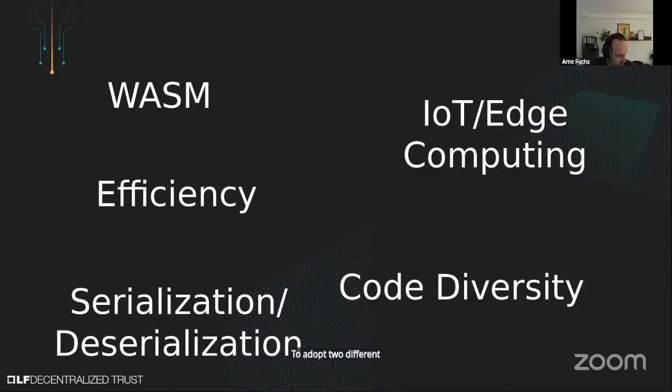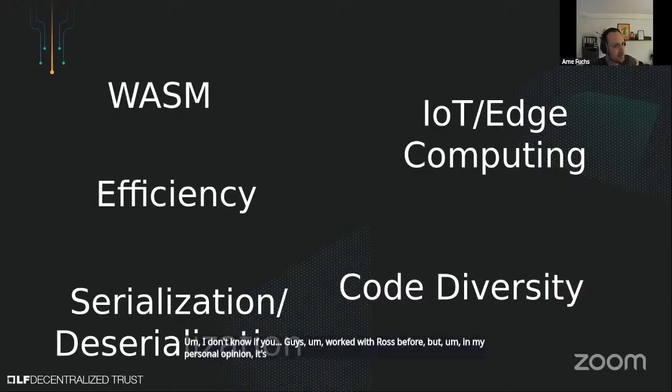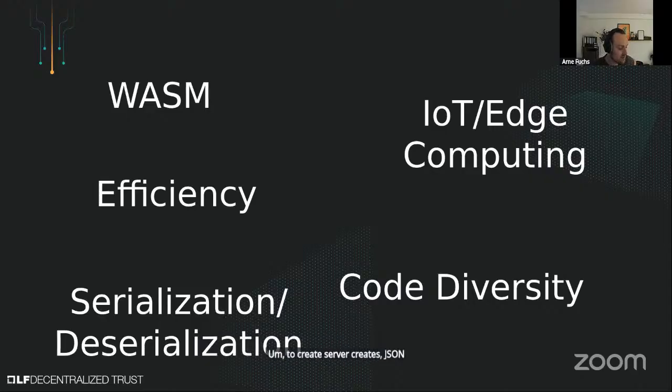And one personal big thing I really like, especially about Rust, is the serialization and deserialization. I don't know if you guys worked with Rust before, but in my personal opinion, it's really nice working with it if you have to serialize and deserialize things. The serde and serde_json crates are really well implemented.